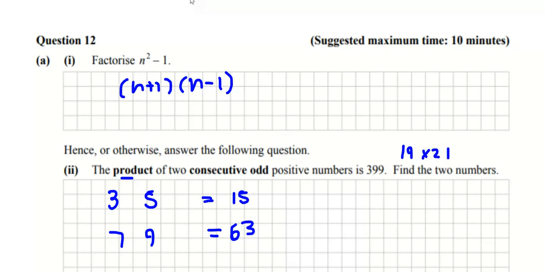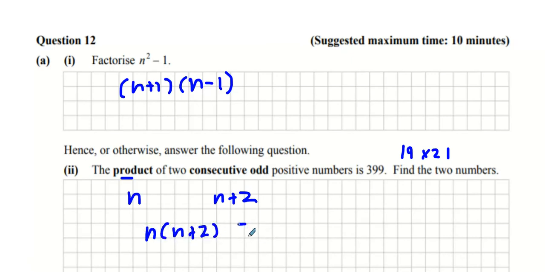But let me show you a more algebraic way of getting this question done. Remember, odd numbers are always a distance of two apart. So you could say n and n plus 2 are your two odd numbers, such that when you multiply n by n plus 2, the answer has to be 399.